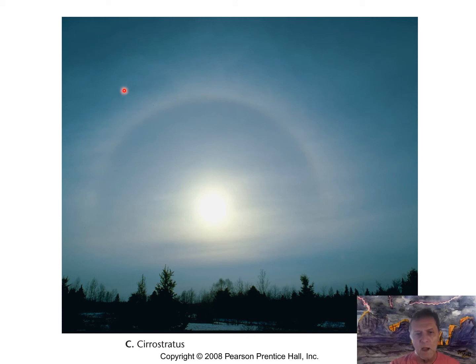Cirrostratus, high clouds that are layered or flat, and they too are kind of wispy and thin, and you can get an effect of a halo as the sun shines through these very high, very cold, icy clouds, because the sun is transmitting its light through millions of tiny little light prisms, which are ice crystals.